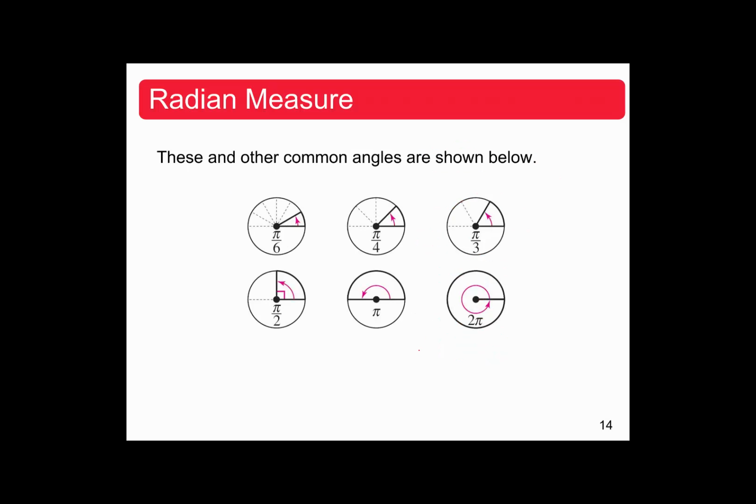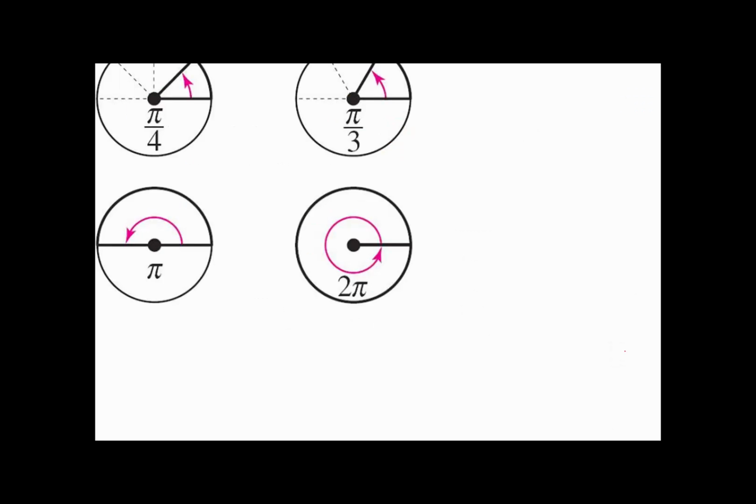Now let's take a look at some common angles, like pi over 6, that's equivalent to 30 degrees. Because remember, pi equals 180 degrees. So replace pi with 180, 180 over 6 gives you 30 degrees.